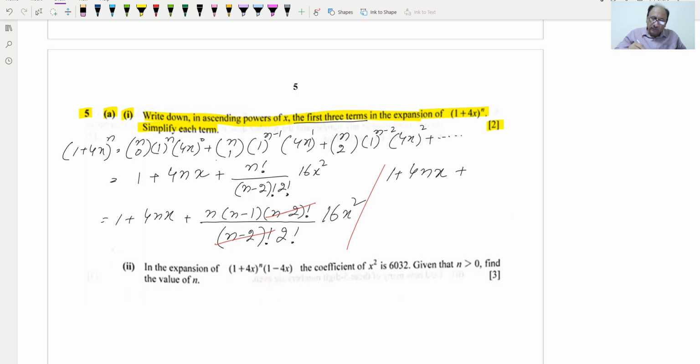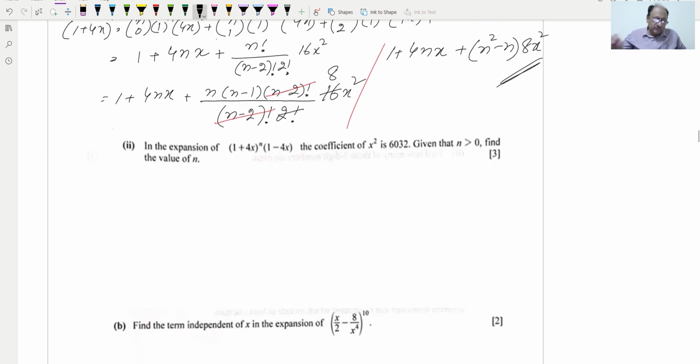So we cancel this 2 factorial with 16 and we will get 8. So it will be 8x square into (n square minus n), or we can write first (n square minus n) into 8x square, and this will be our final answer for this question.